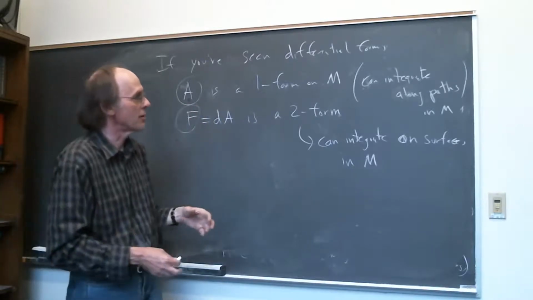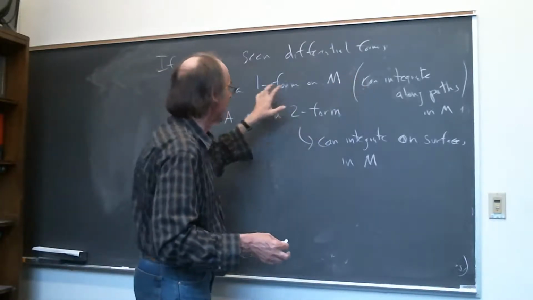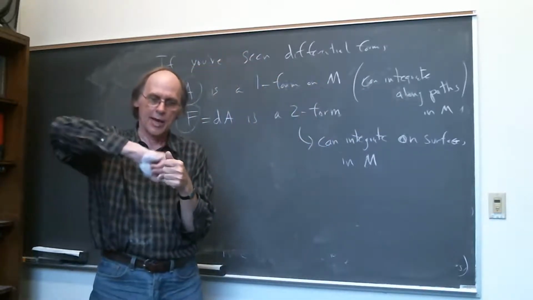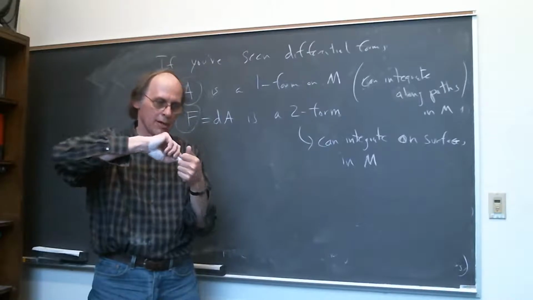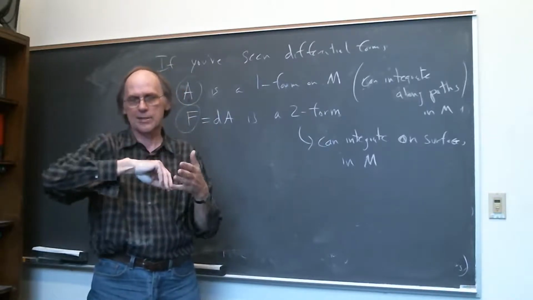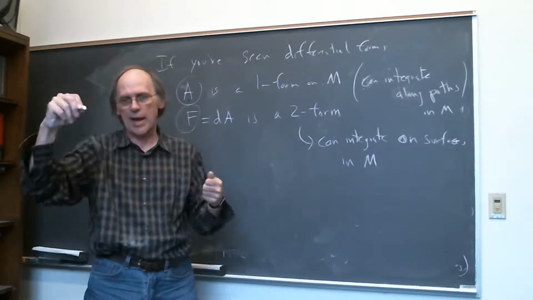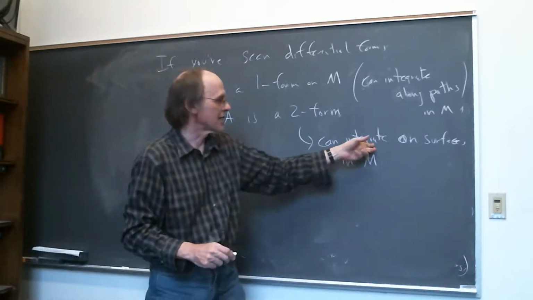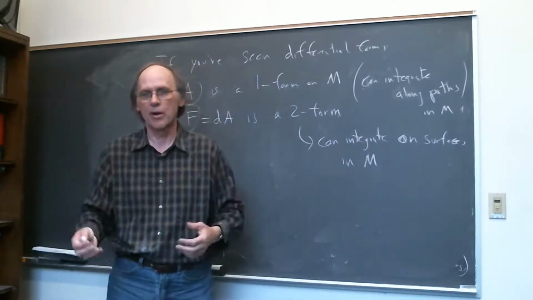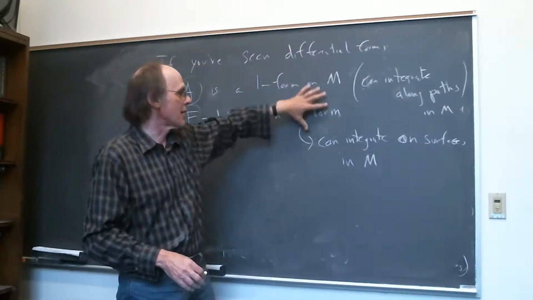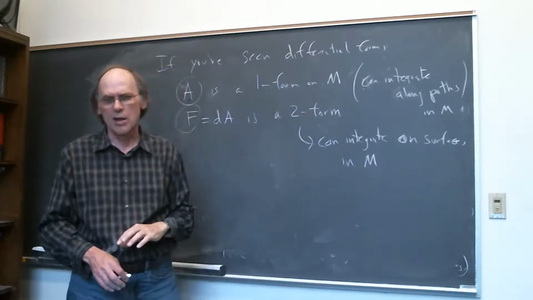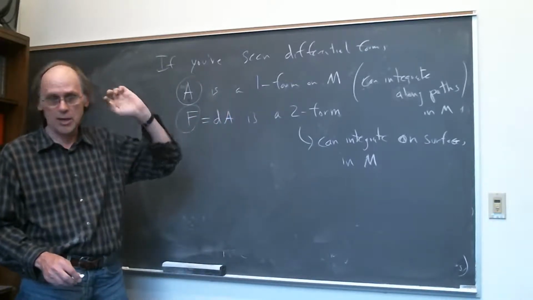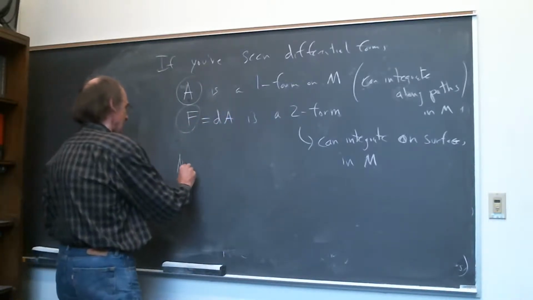The geometric interpretation of one forms is that they're dual to paths: if you feed them a path, they give you a number. And two forms are things which you feed a surface, and they give you a number. This is the beginning of the geometric interpretation, and I'll say a little bit more about this next time.